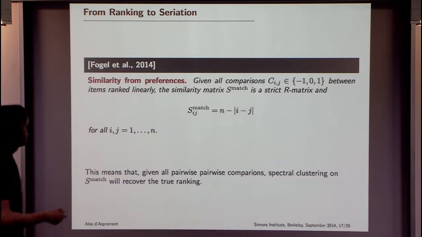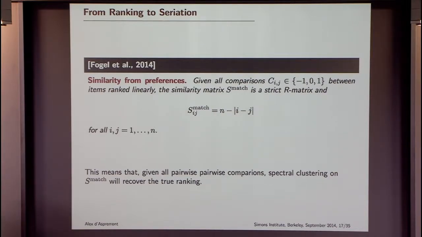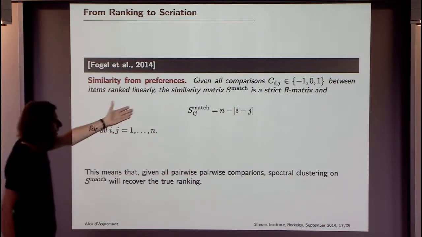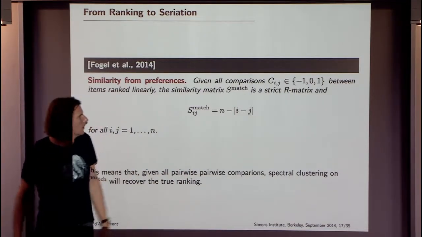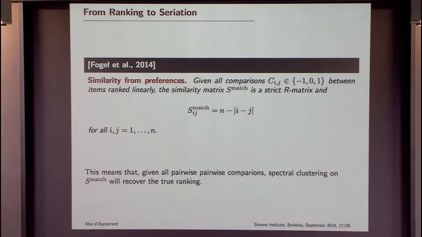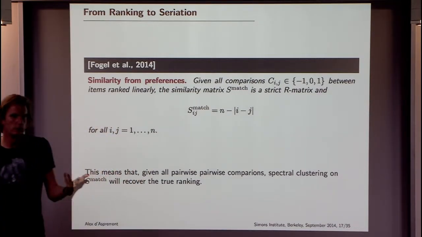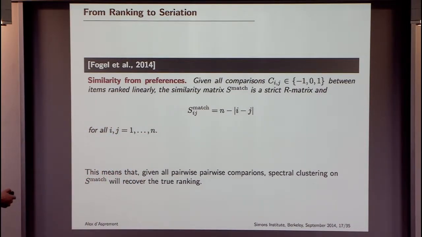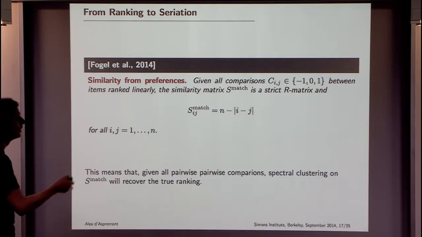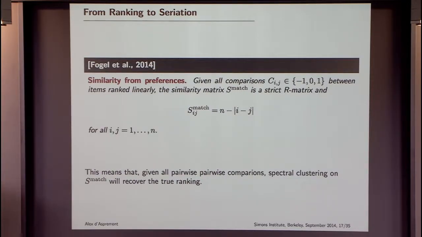And in the case where you have full information consistent with the total order, everything is ordered, S-match has a very simple format. It's simply n minus the difference between i and j. And that's a strict R matrix. So when properly ordered, the similarity matrix computed from the comparisons satisfies this serial R matrix condition, which makes spectral clustering work.